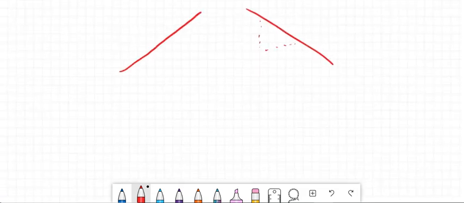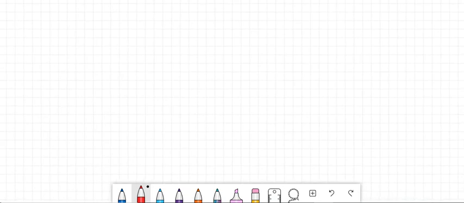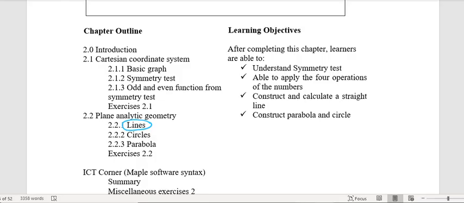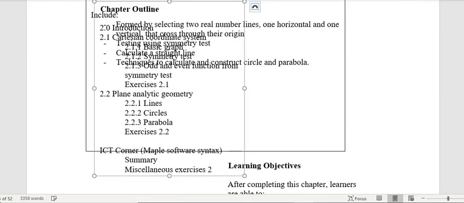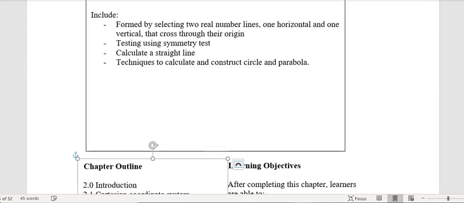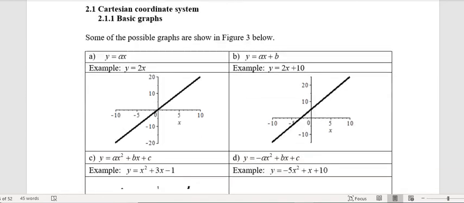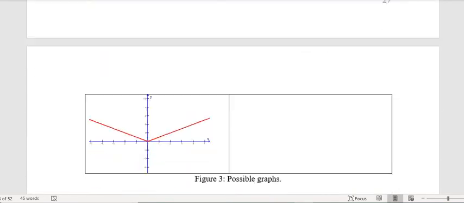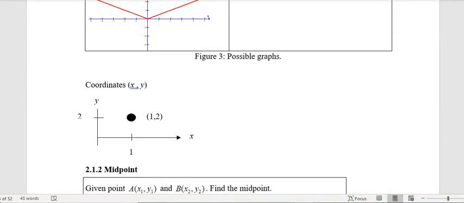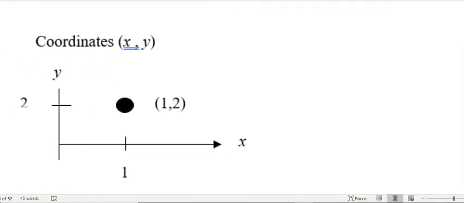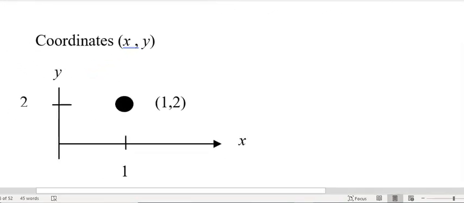Now from here, what else you need to know? If you look into my notes, I already shared with you the overall picture on it. How do you express the coordinates? When you express the coordinate, you put it in brackets.